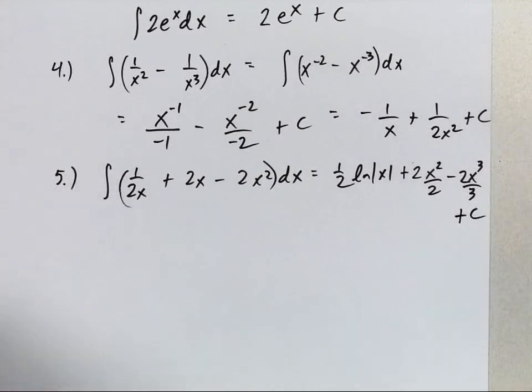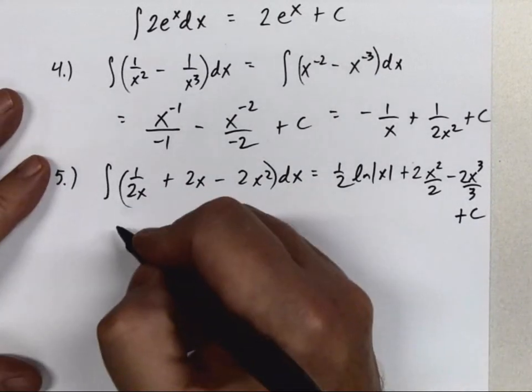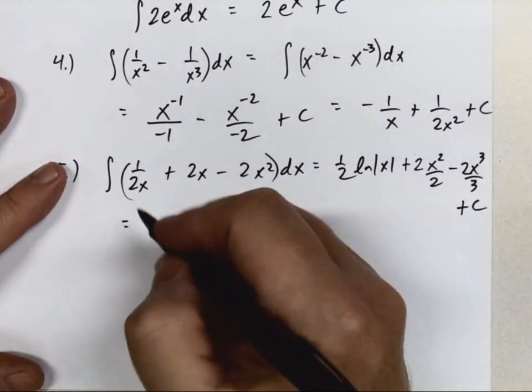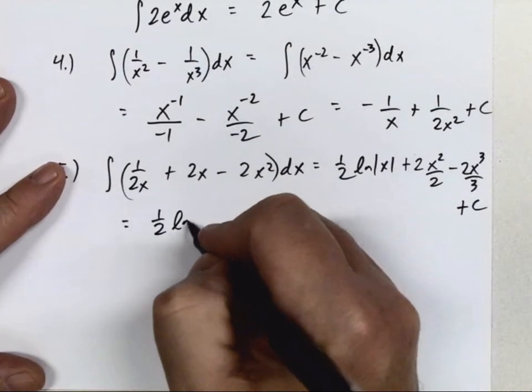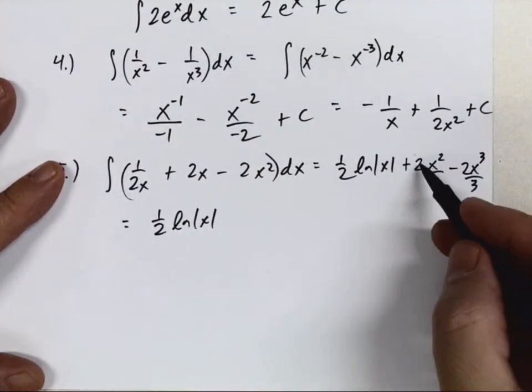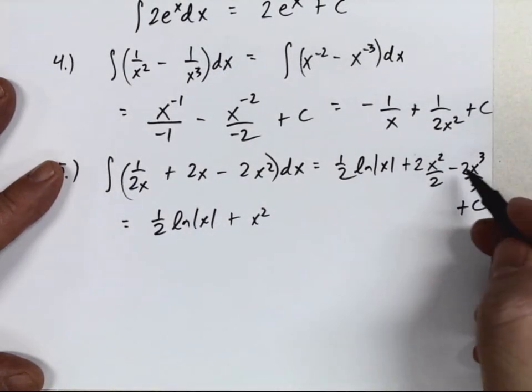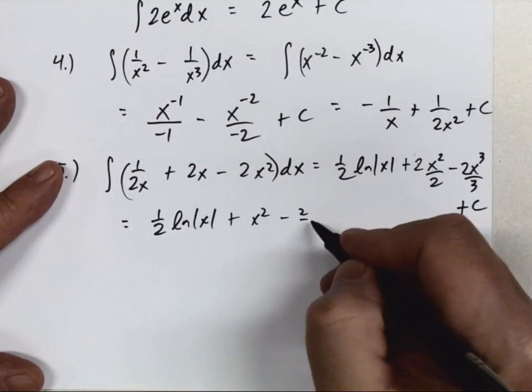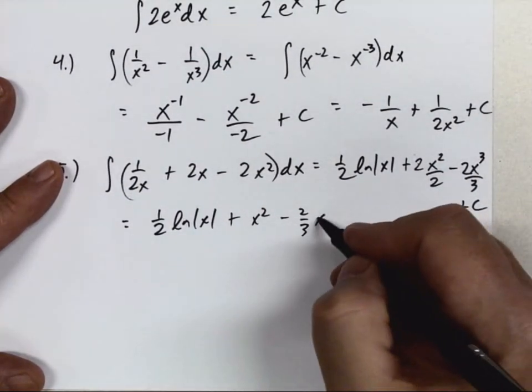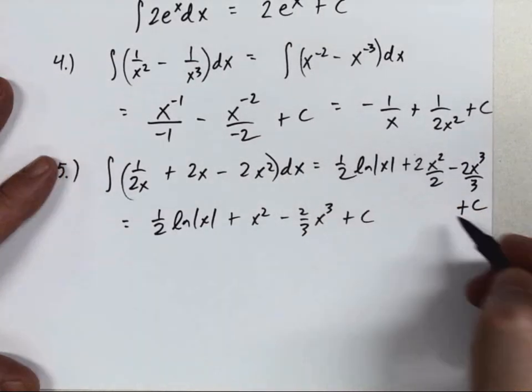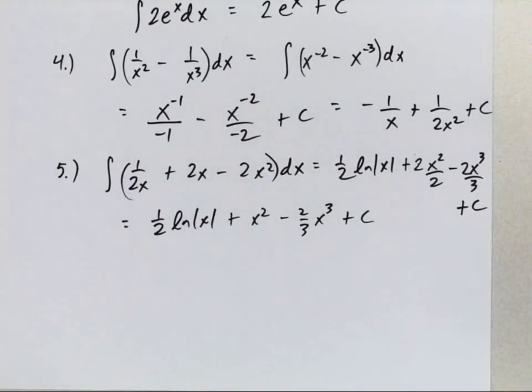And then, of course, you have your constant. So if we try to simplify this a little bit, 1/2 natural log absolute value of x. This 2 and this 2 cancel. Minus 2/3 x cubed plus c. All right, so far so good.